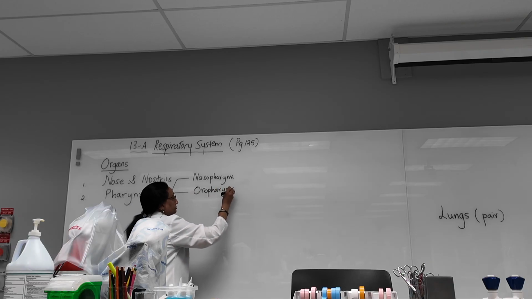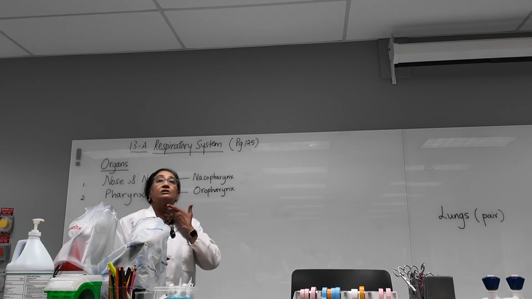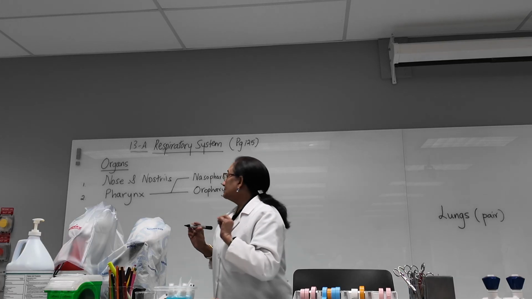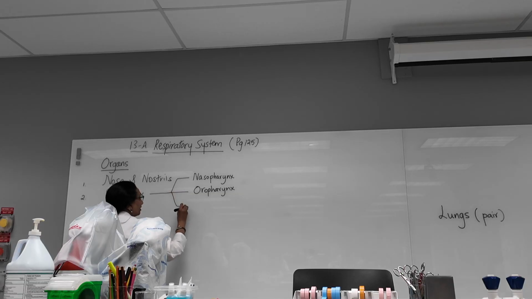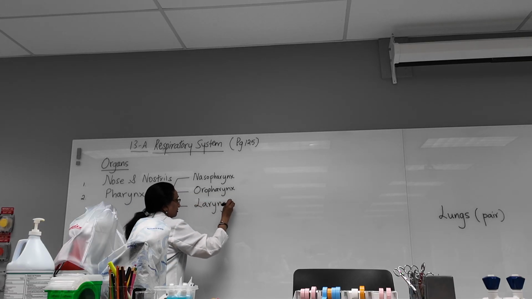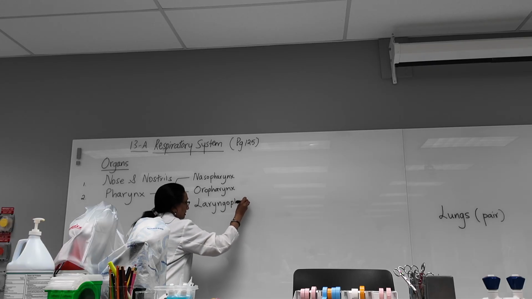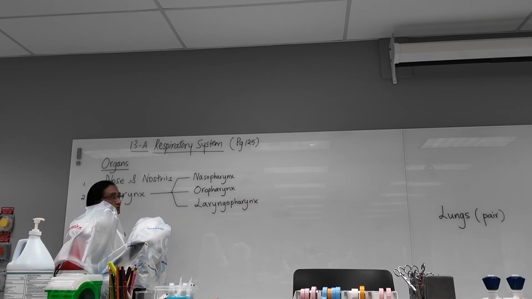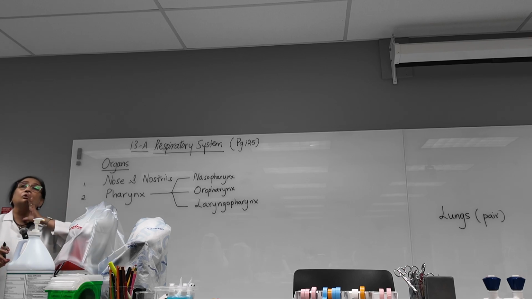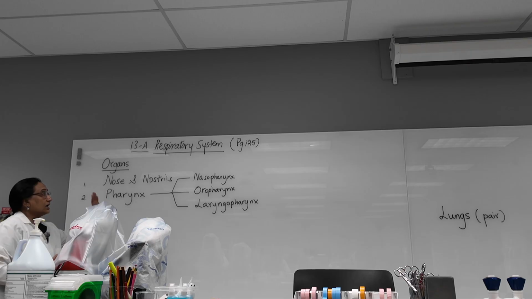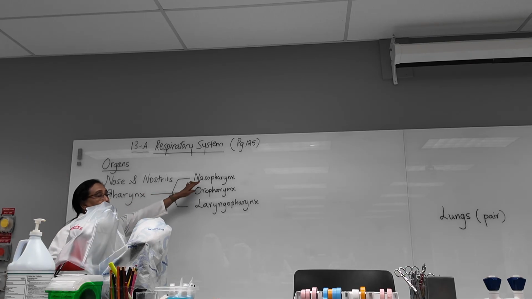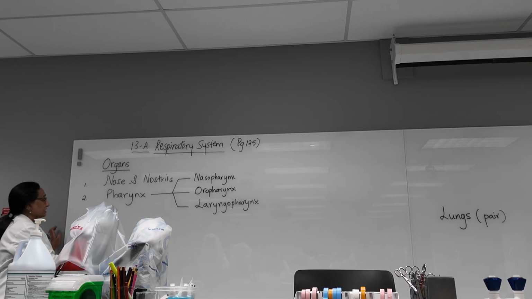And then the part of the throat which is close to your voice box is called the laryngopharynx. So pharynx itself is just a passageway at the back of your throat, nose, and mouth, and that is just arbitrarily separated into naso, oro and laryngopharynx.